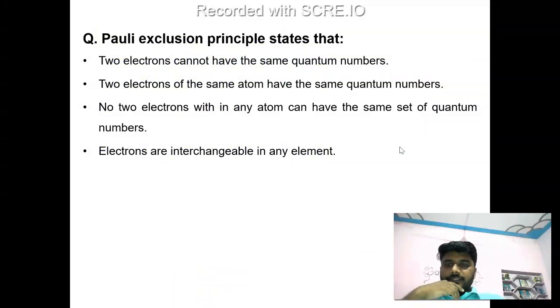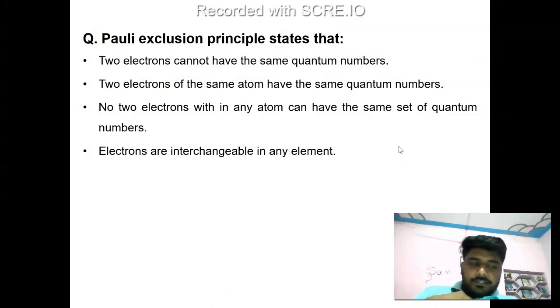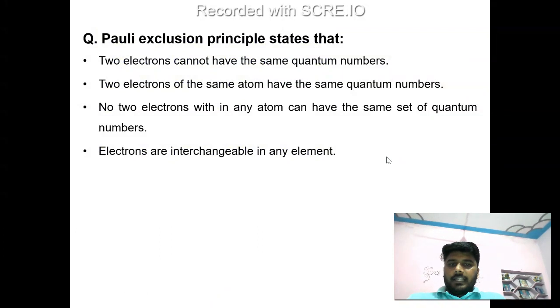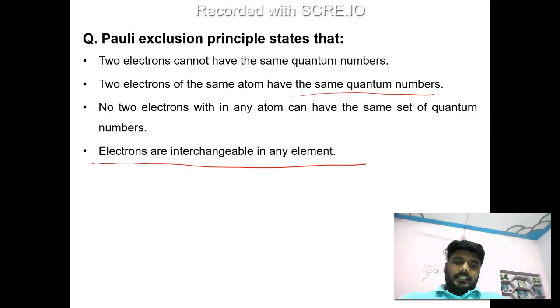The next question is about Pauli's exclusion principle. You have to identify: first, two electrons cannot have the same quantum number. Second, two electrons of the same atom have the same quantum numbers. Third, no two electrons within any atom can have the same set of quantum numbers. Or the last one, the electrons are interchangeable in any element.